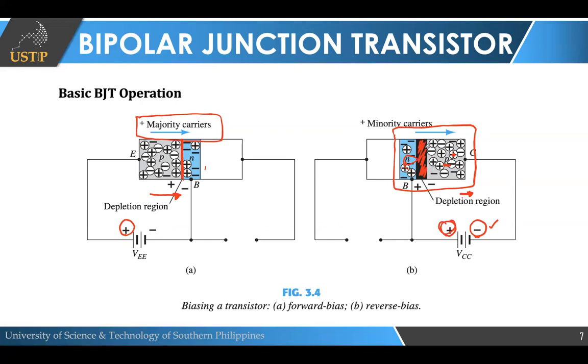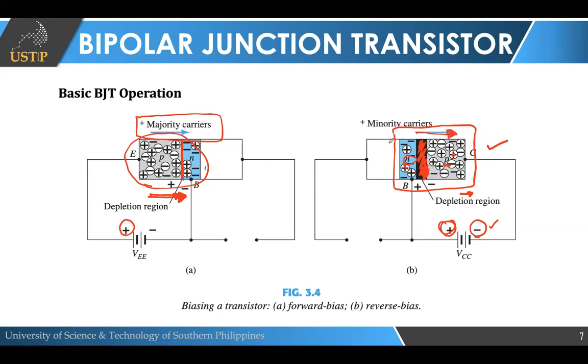So a depletion region is formed here. But because this is part of your BJT, your transistor, your majority carrier, the hole, is already moving to the right. Now, your hole here in the collector junction is also moving to the right.